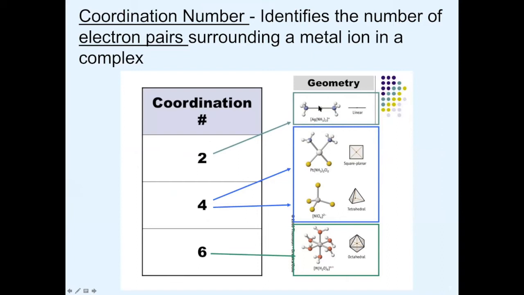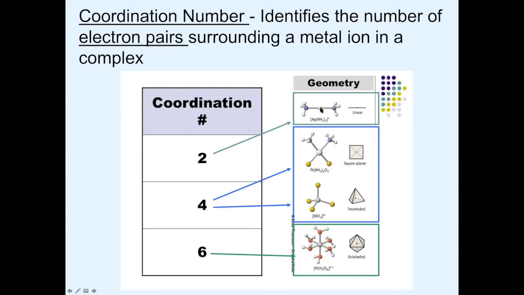Well, when that central atom is a metal, we also can assign something called a coordination number. So coordination number, by definition, is something that identifies the number of electron pairs surrounding a metal ion in a complex. Okay, and so, for example, if it's linear, we would have a coordination number of 2 because it's got these 2 electron pairs where it's bound, or another way to think about it is this metal in the middle is connected to 2 atoms, okay, as ligands.